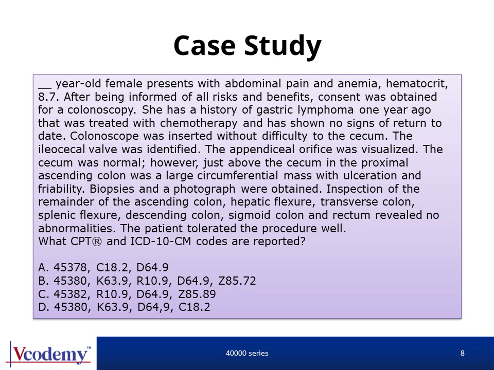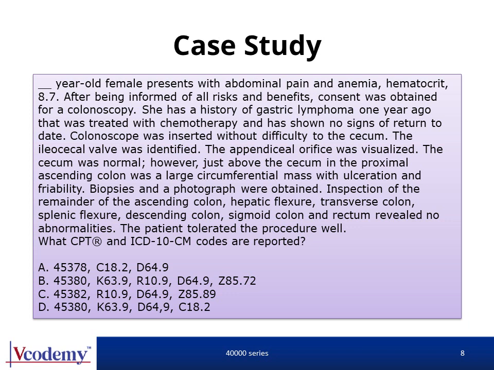So, here the colonoscopy is complete. The scope has reached the cecum. So, that is one point. And what is the reason for the colonoscopy? Patient presents with symptoms. There are different symptoms like abdominal pain, anemia, hematocrit is also low at 8.7. So this is a diagnostic colonoscopy.